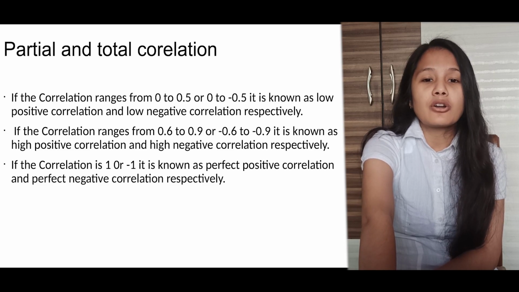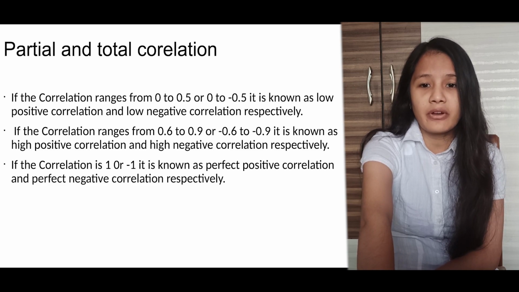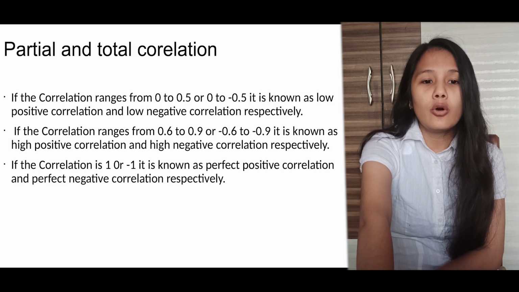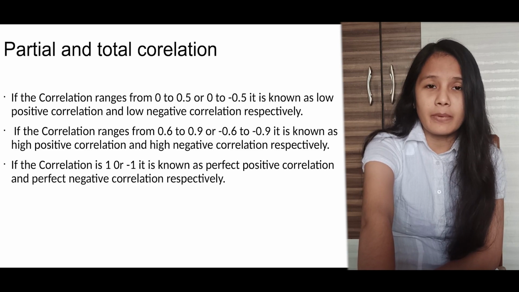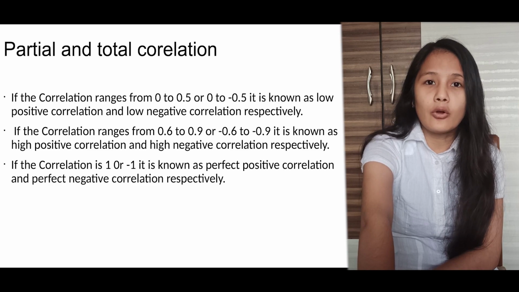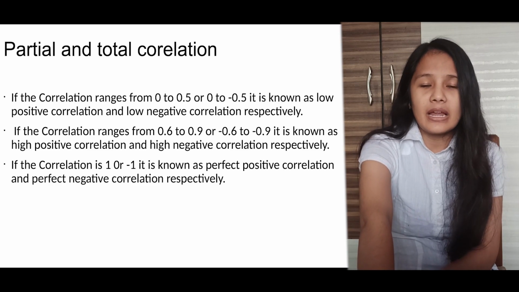Now, partial and total correlation. As you can see, if the correlation ranges from 0 to 0.5 or 0 to -0.5, it is known as low positive correlation. Means a value up to +0.5 and down to -0.5 is low positive correlation or low negative correlation. We can say any of that.